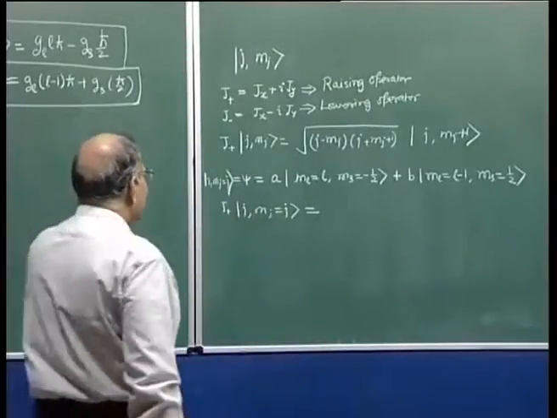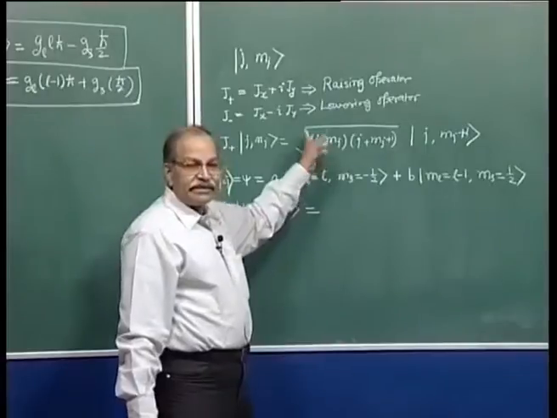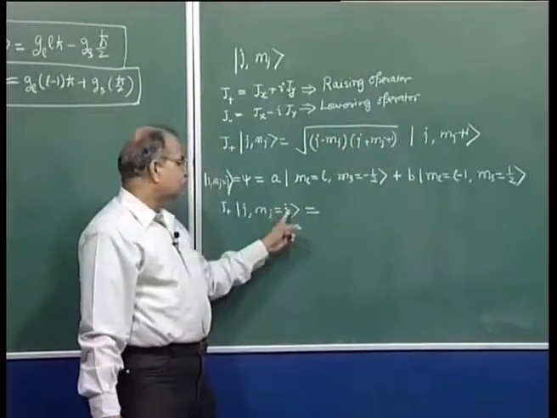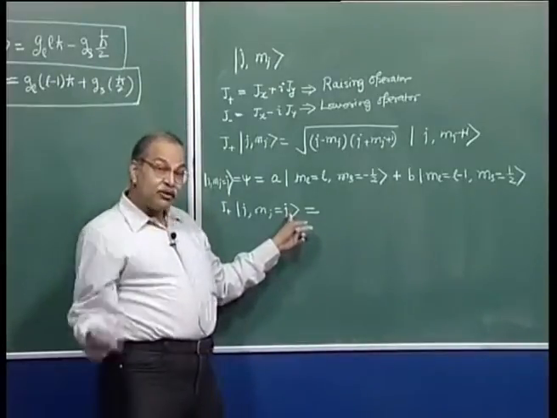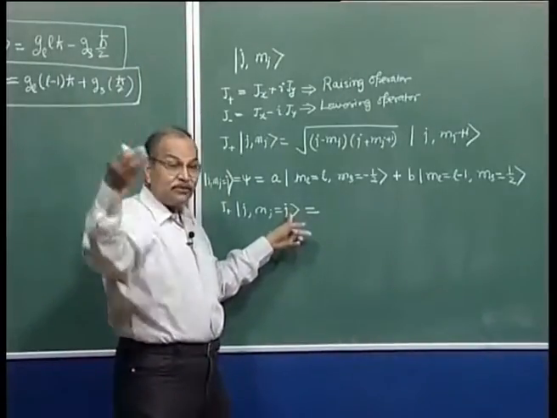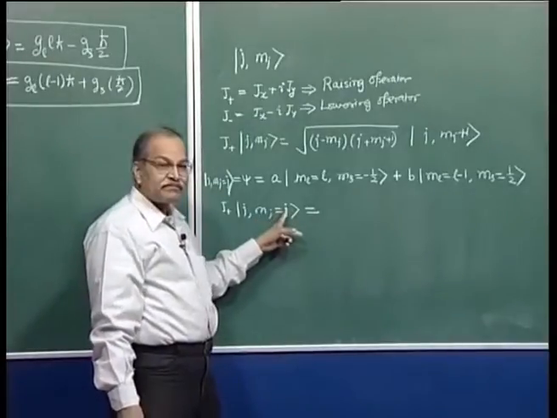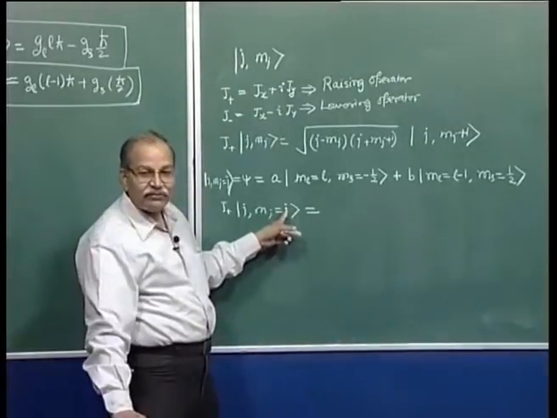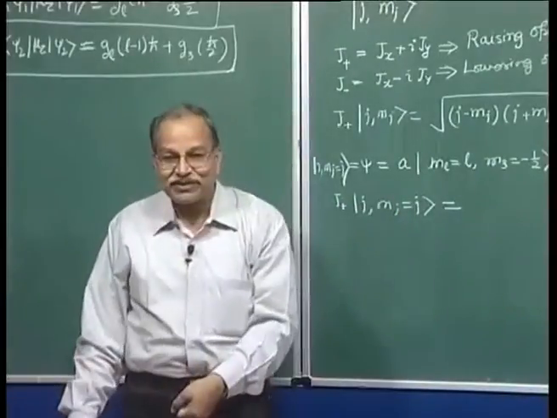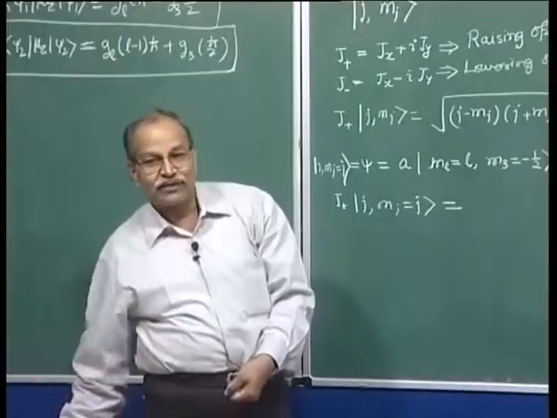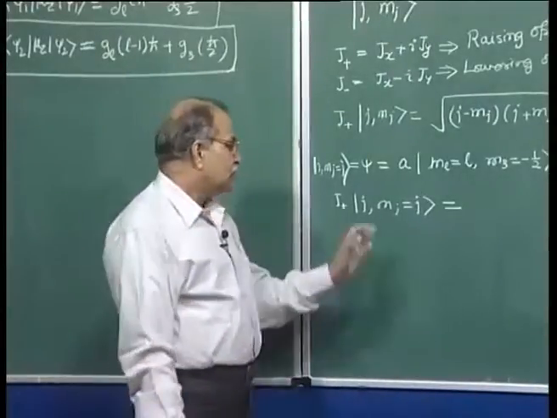And that comes from here also: mj equal to j, when you put it, is 0. So if mj is already at its highest value and you try to raise it further, you get 0. Similarly, if mj is equal to minus j, already at the lowest value, and you apply j minus on it, you will get 0, mj cannot go further down. So this is 0.